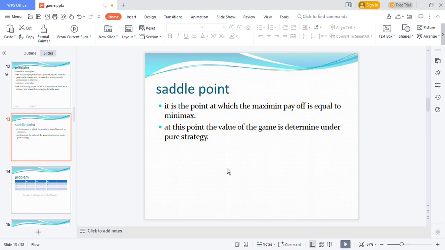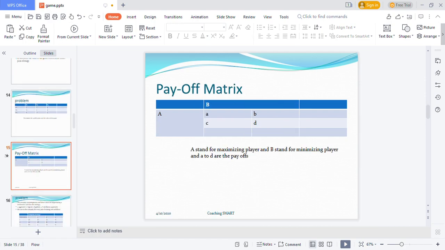So remember, the saddle point becomes the determination of the value of the game. If you want to know the value of the game, you use the saddle point. It will tell us what the players will earn after taking a particular course of action.